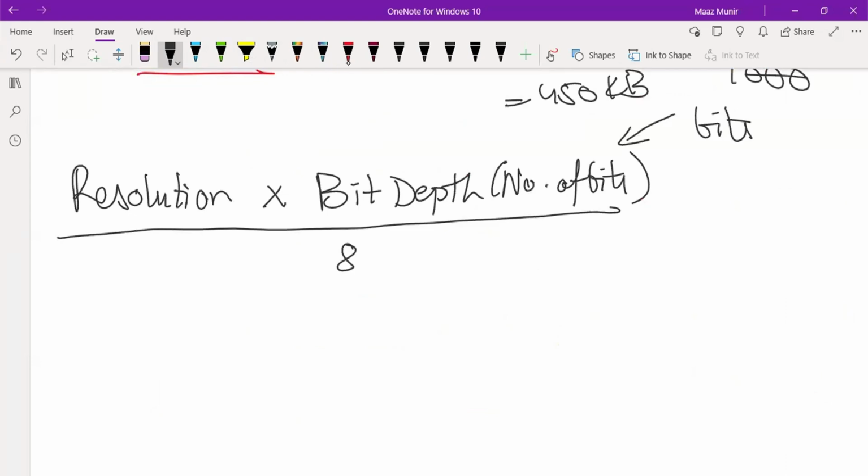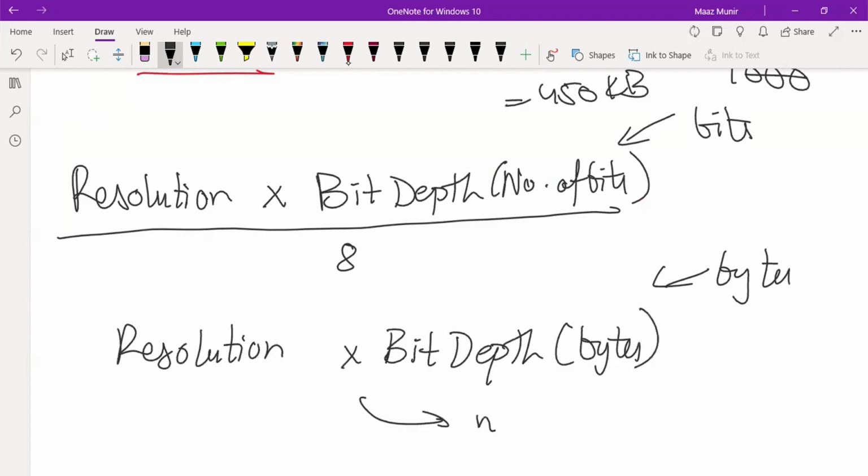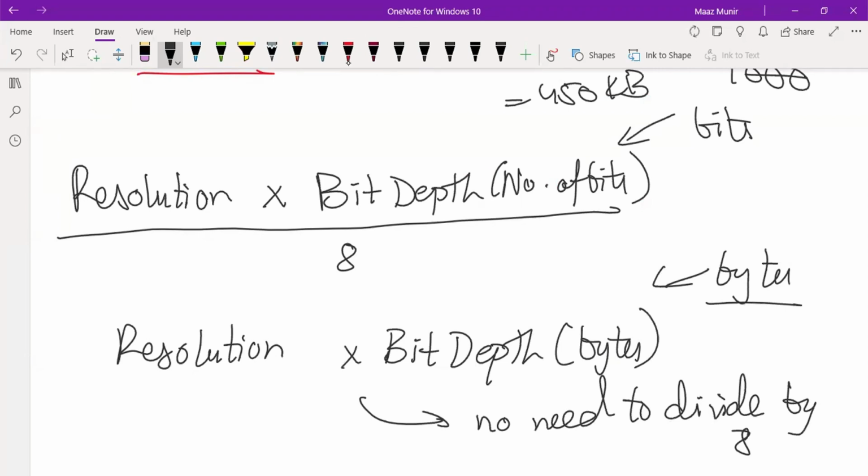And if you have the bit depth in bytes, then your equation would be resolution multiplied by bit depth in bytes. No need to divide by 8. This would directly give you an answer in bytes, which you could later divide.